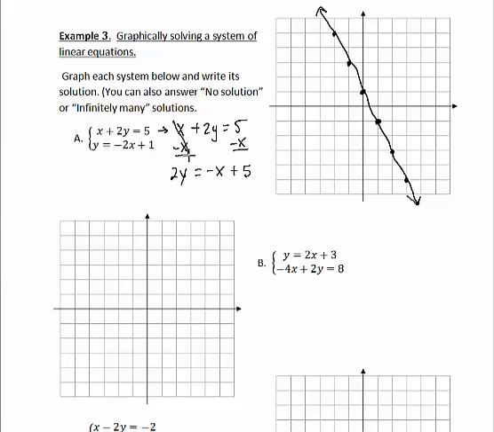The x's cancel, and then we can't combine 5 and negative x, so we write negative x plus 5. And to finally get the y by itself, we divide everything in the equation by 2, every term. 2's cancel, and so we're left with y equals negative 1 over 2x plus 5 halves.